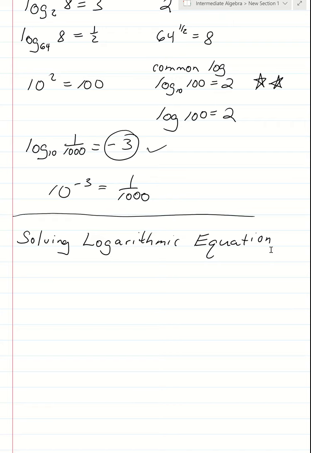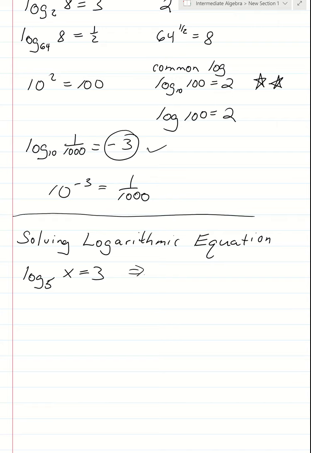For example, let's say we had log base 5 of x equals 3. Here's an example of a logarithmic equation where we want to solve for the variable x. Well, what we want to do here is convert this into exponential form.